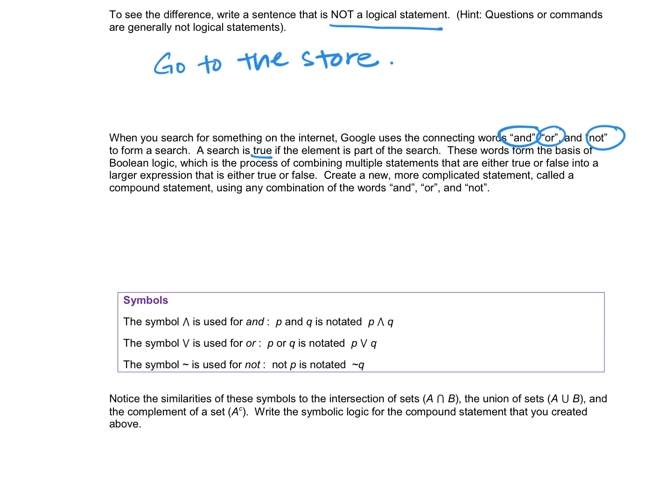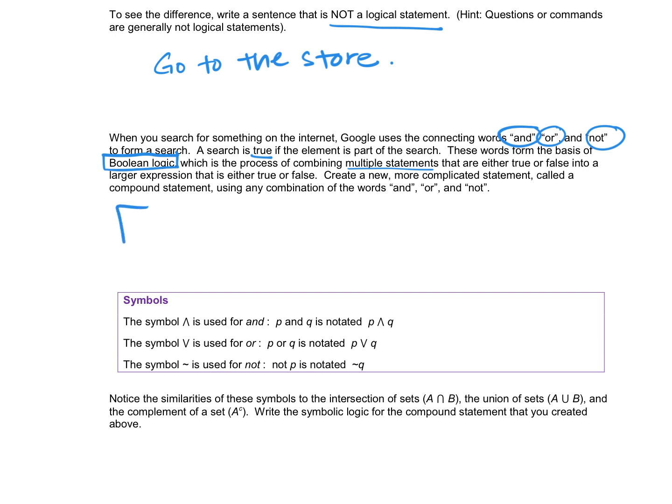And so that's when you get back all of the results, because it would meet those requirements and be true. Now, those and, or, and not words form the basis of something called Boolean logic, which is the process of combining multiple statements, like we just wrote above, that are either true or false, into a larger expression that could be true or false. So we could create something a little more complicated using those words.